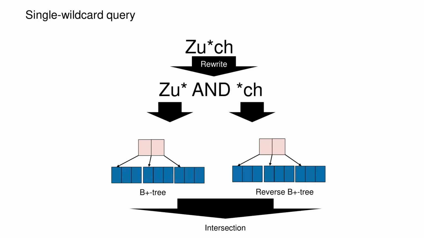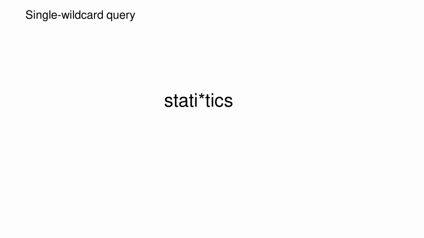Okay, raise hands. What about this one? Who thinks we will not have false positives here? Who thinks we will have false positives? Yeah, can you give me a false positive?